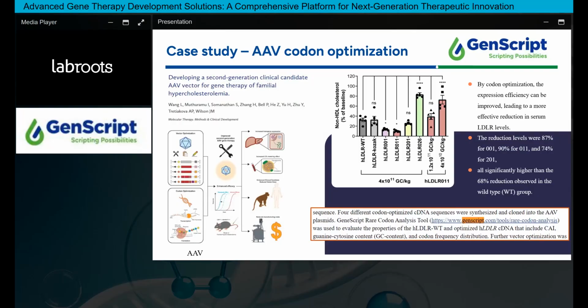The supporting case study on AAV codonization comes from researchers citing GenScript. They were aiming to develop a second-generation clinical AAV vector.